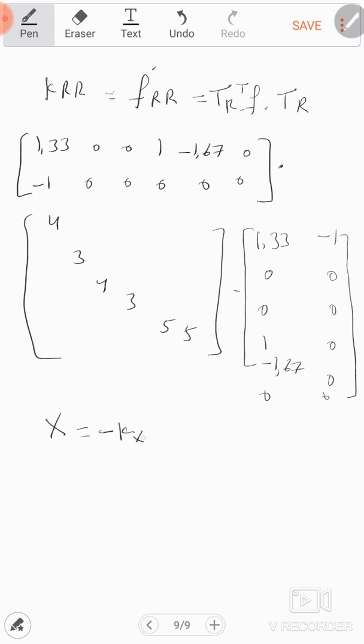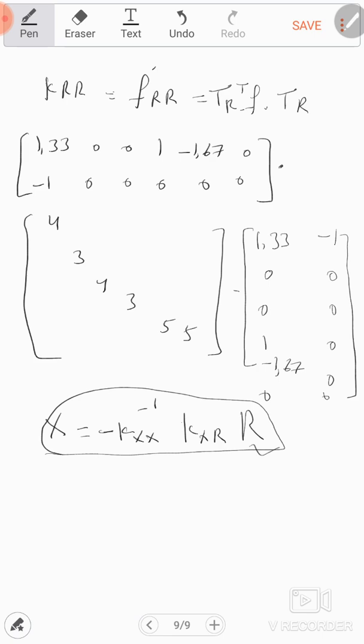Minus Kxx inverse, minus 1 inverse, times Kxr times R. From this rule you can find the X value.